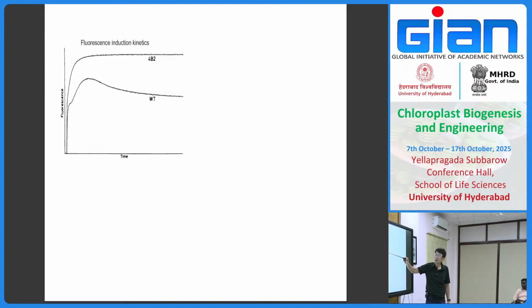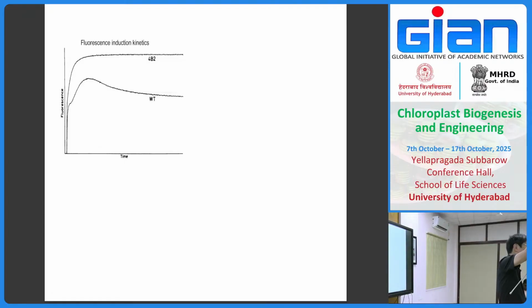During illumination, the fluorescence yield increases exponentially. This means photosystem 2 activity is there. Okay? So it goes higher and it doesn't go down. This means that the fluorescence is basically emitted from photosystem 2. When the photosystem 2 acceptor QA or plastoquinone pool is reduced, fluorescence yield increases.